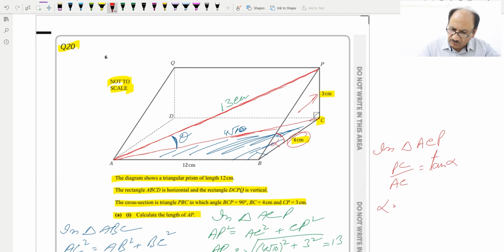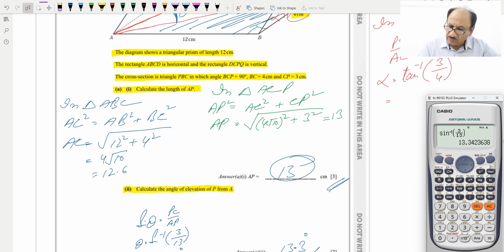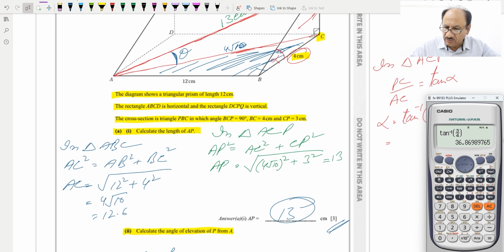So alpha will be equal to tan inverse of 3 over 4, and this will be equal to shift tan of 3 over 4 and bracket close, and this is giving us 36.869, or we can round to 36.87.